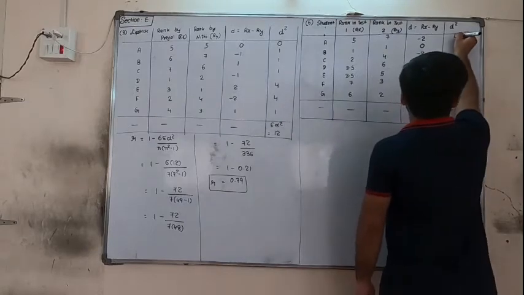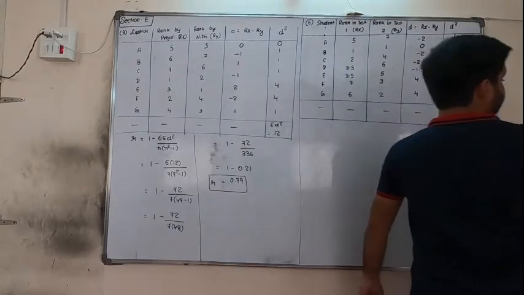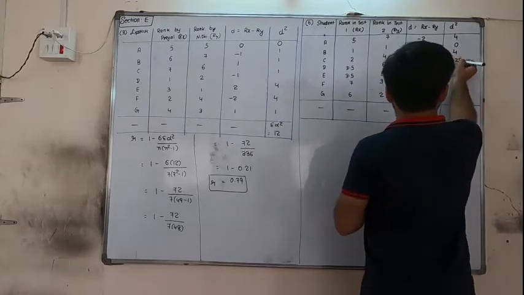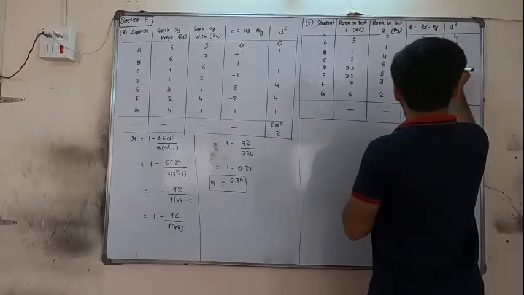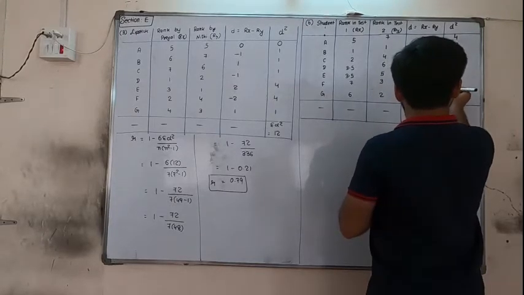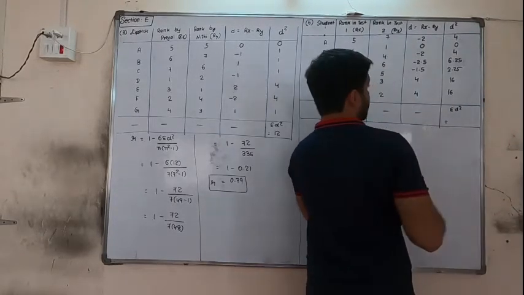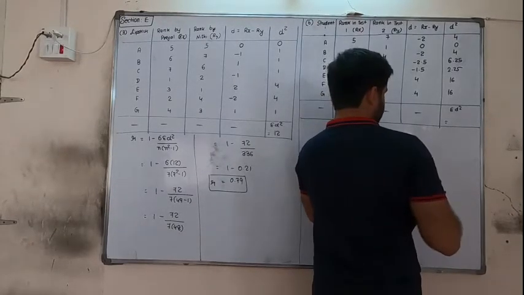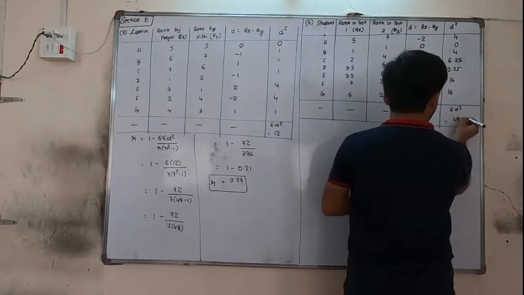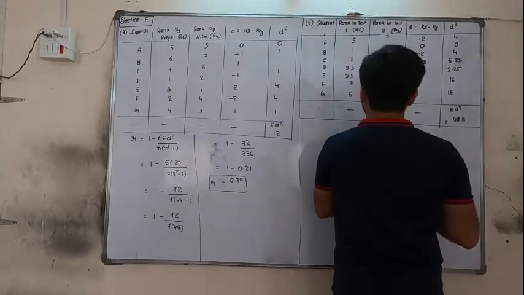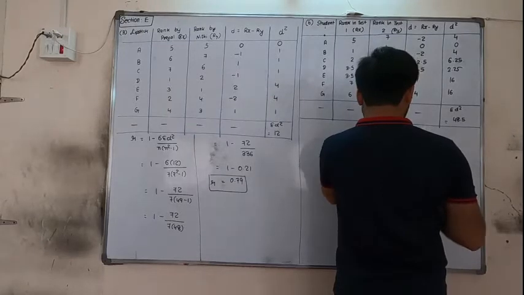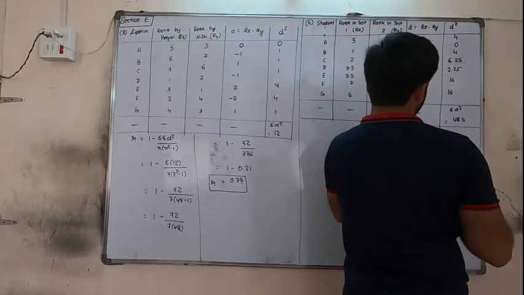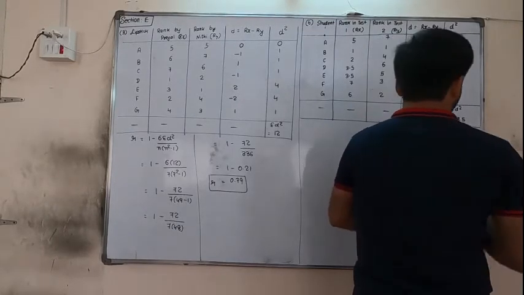Now d square: 4, 0, 4. 2.5 square is 6.25. 1.5 square is 2.25. 16, 16. So 4 plus 4 plus 6.25, 2.25, 16, 16, it is 48.5.